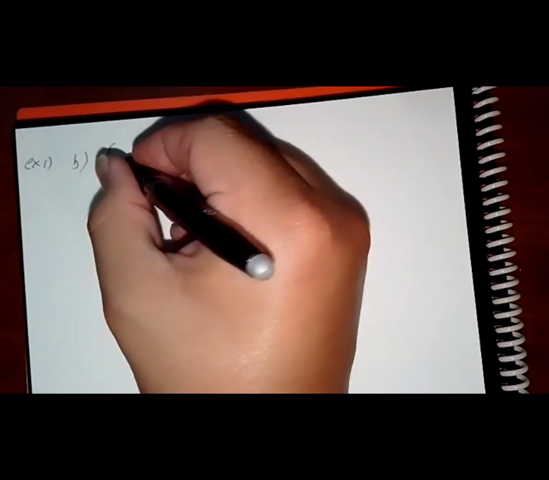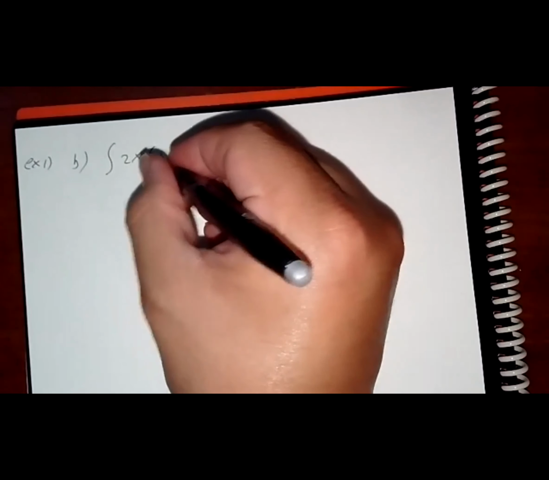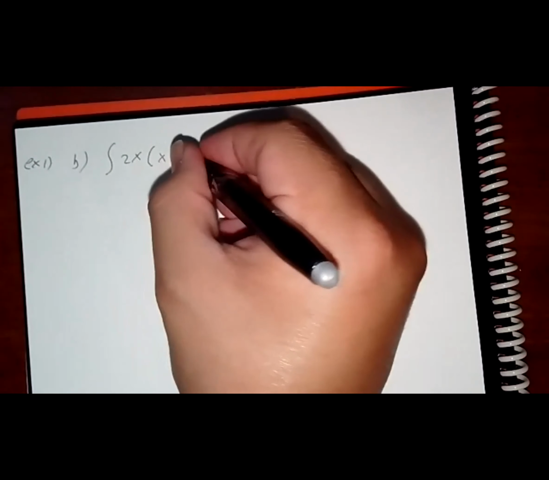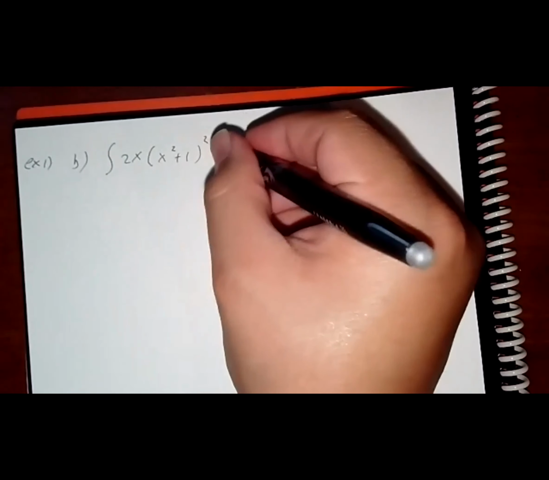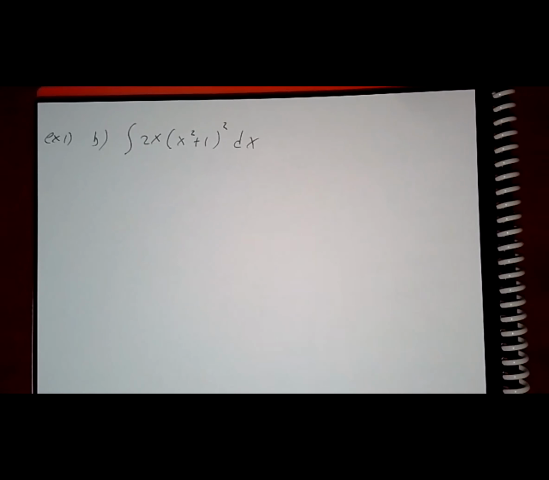Example 1b, integral of 2x times (x squared plus 1) squared dx. So what do you guys think u is equal to?